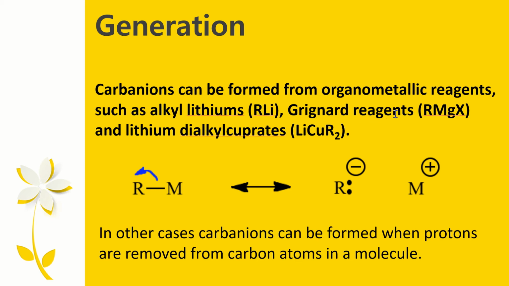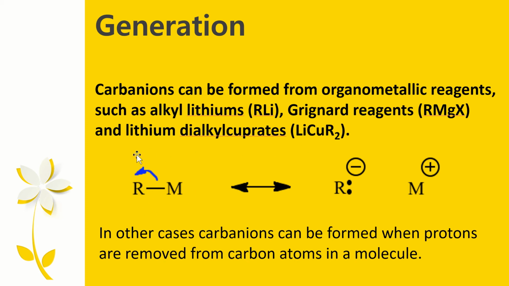And you should be very familiar with the Grignard reagents of the formula RMgX. So X represents any halogen, and R, of course, an alkyl group. And then finally, your lithium dialkyl cuprates, formula LiCuR2, so lithium, copper, and the same R group twice. And of course, R represents an alkyl.